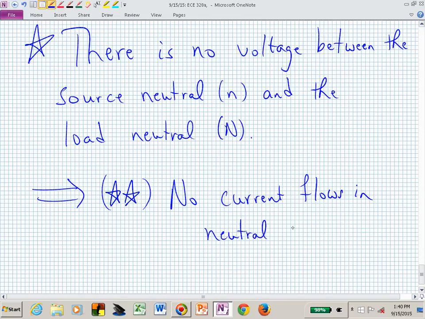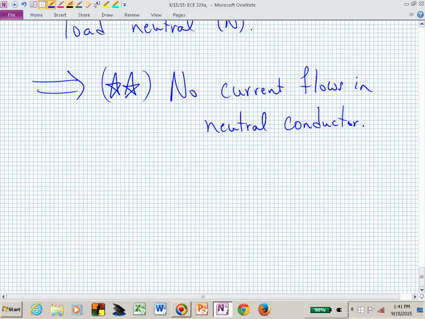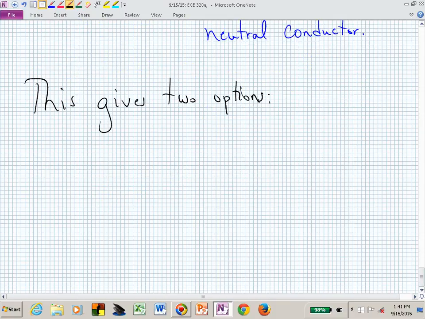What are we assuming is true for that to be the case? It's balanced. We had a balanced three-phase system. With these two stars, it gives us two options in terms of what we can do now. If we don't have any current flowing through that neutral conductor, why don't we just pull it out of the circuit?